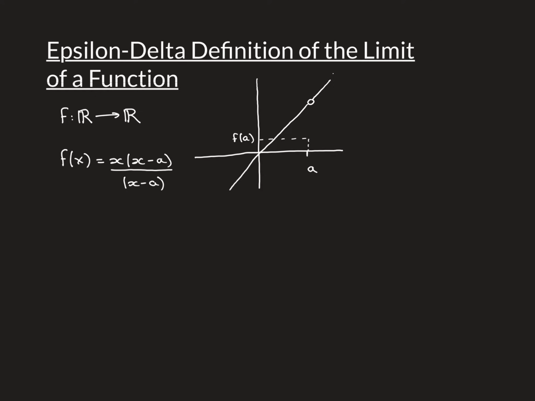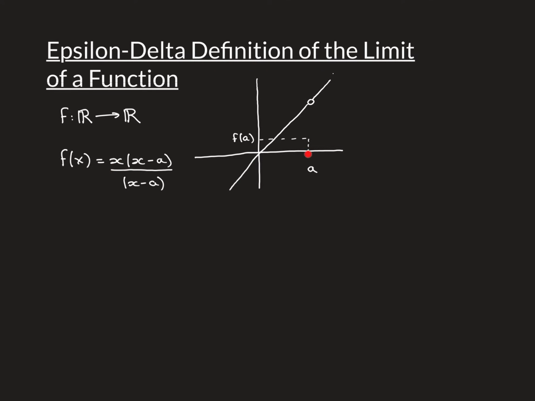So to get some intuition for the limit of a function, we're going to take an example, and the example that I'm going to take is going to be given by this function rule here. Now, this is an extremely simple function for all real numbers that are not equal to my point A here, because for all the other ones, this bit here is going to cancel with this bit here, so we'll just be left with this. So for all the real numbers apart from x is equal to a, it's just going to map them onto themselves.